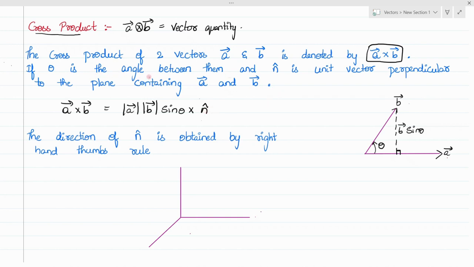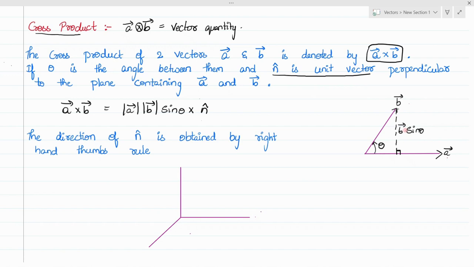See here, if theta is the angle between them, n cap is the unit vector perpendicular to the plane containing A and B. So actually this line is the n cap, which is nothing but the unit vector, and this is perpendicular to the vector A. So now this is a unit vector, right, which has magnitude and direction. So we have found the magnitude, that is nothing but B sine theta.